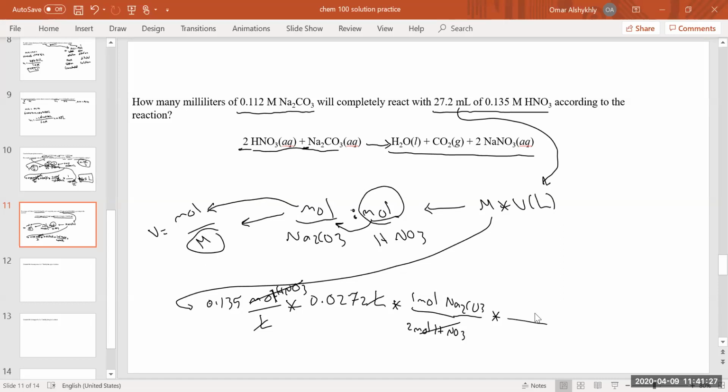So it will be times 1 divided by the molarity, which is 0.112 mole per liter. Cancel mole.